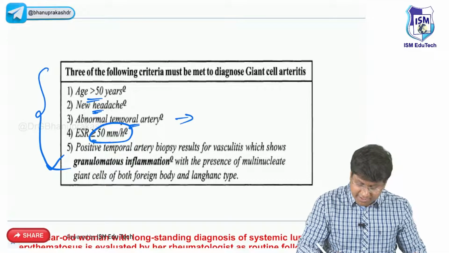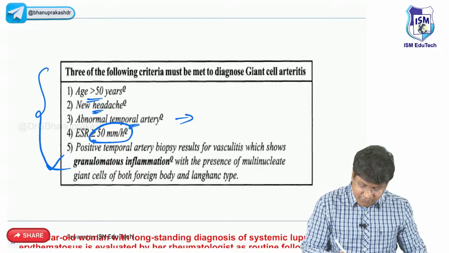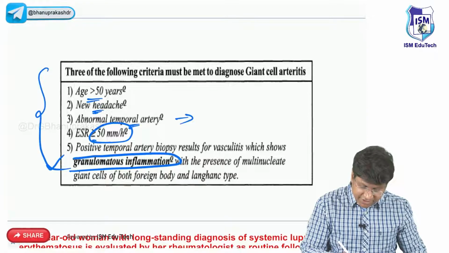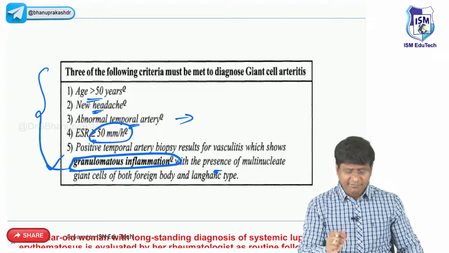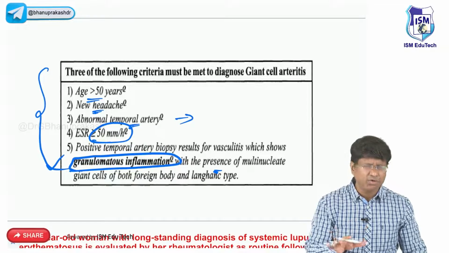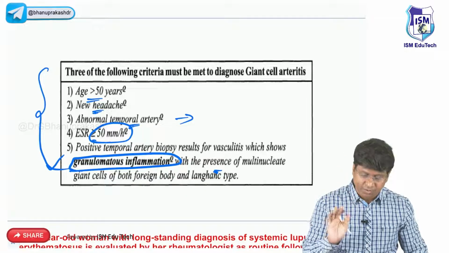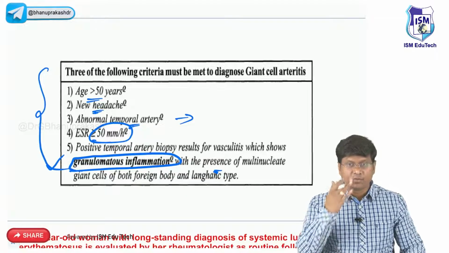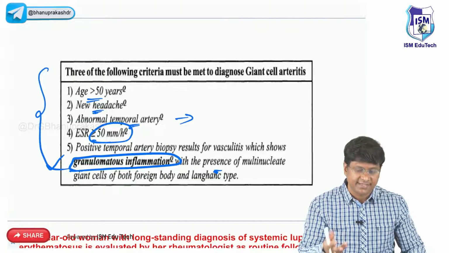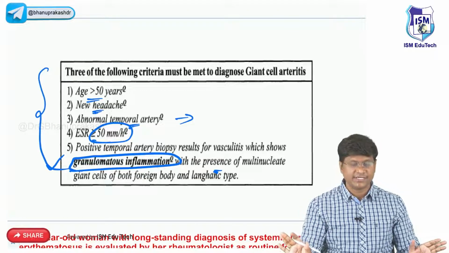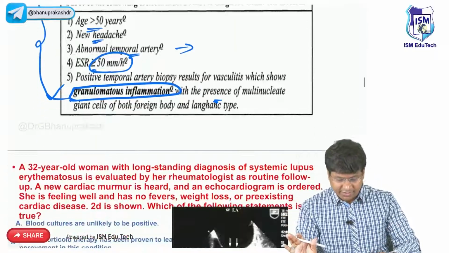That is, prominent temporal artery biopsy results from vasculitis, which shows granulomatous inflammation, right? So out of these 5, at least 3 should be there to call it giant cell arteritis. And what is the drug of choice in case of giant cell arteritis? The drug of choice will be steroids. There is no other alternative drug, right?